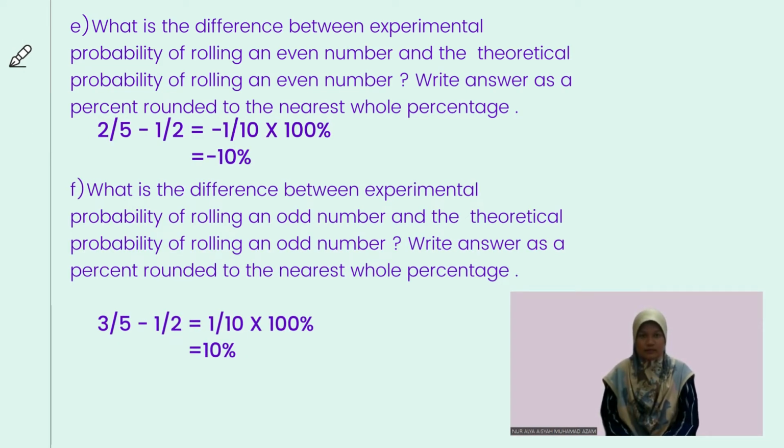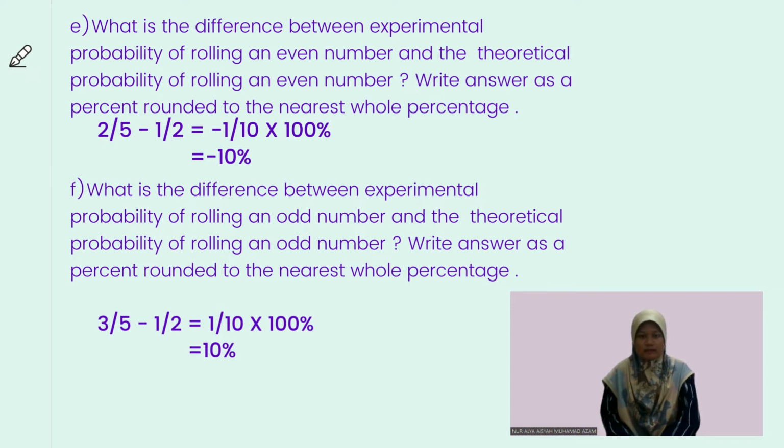For the next question, what is the difference between experimental probability of rolling an even number and theoretical probability of rolling an even number?